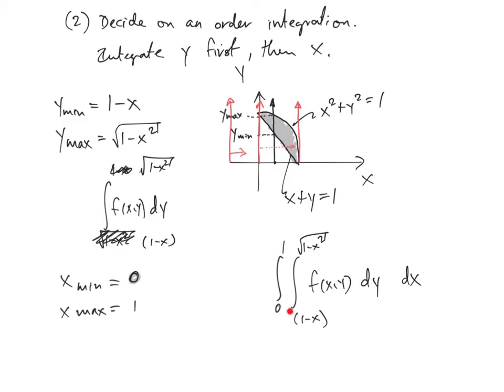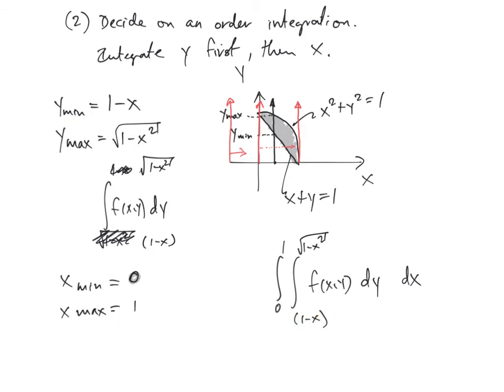So again, I'm going to do the inner integral first. I integrate with respect to y, which means hold x fixed. You get some expression, and apply the limits: you substitute all the y's in this expression with the upper limit, and subtract from that the same expression with the y's substituted with the lower limit.